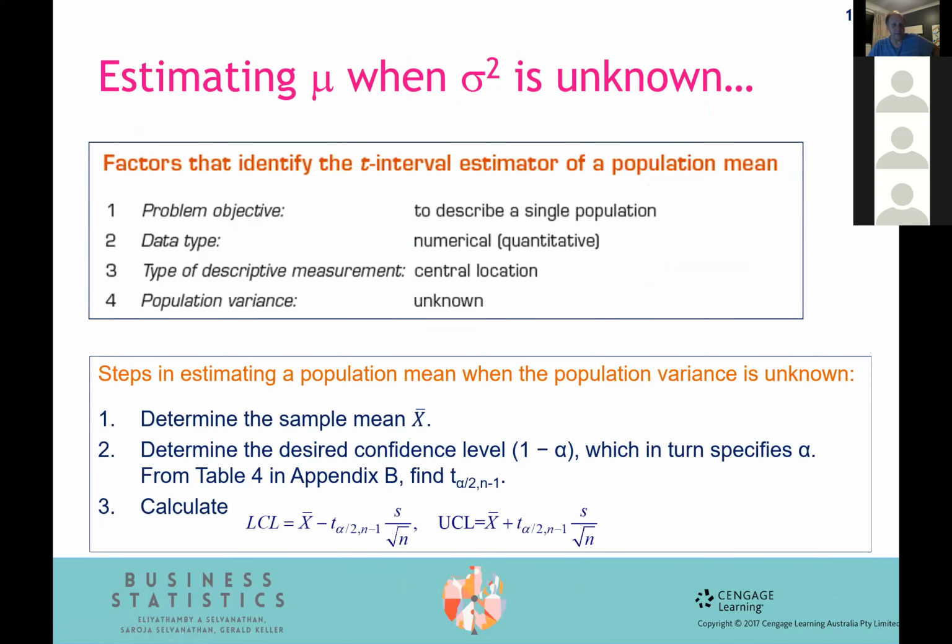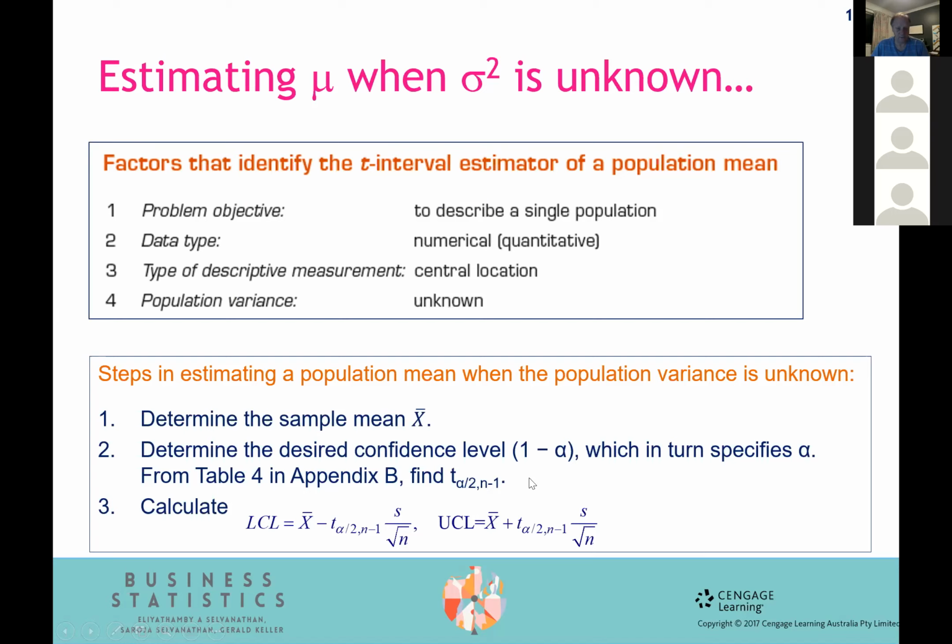How do we estimate mu, or the mean of the population, when the standard deviation or the variance is unknown? Sigma is unknown. Describe a single population: what type of data are we looking at? Numerical. The type of descriptive measurement, the central location, we want to know, and the population variance is unknown. Determine the sample mean, so calculate the mean of it.